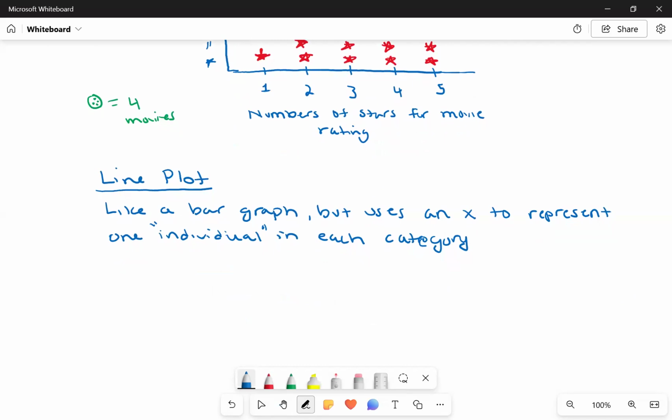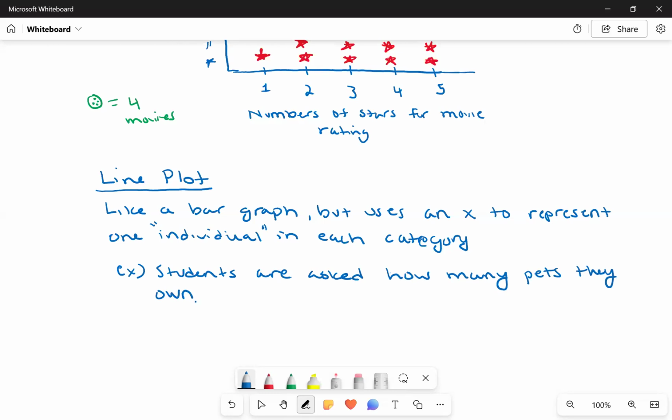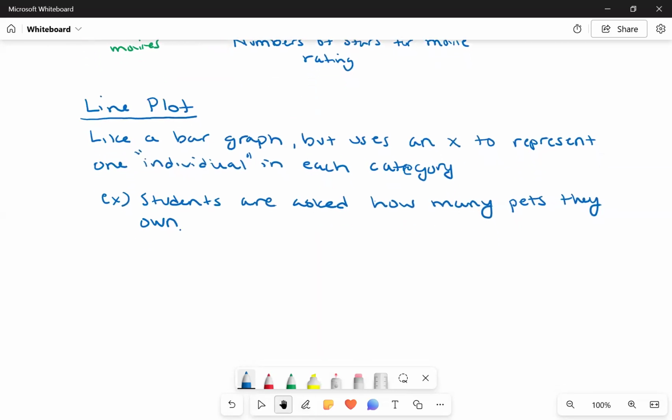Okay, so here, let me go ahead, and this time I'm actually going to give you the graph. Students are asked how many pets they own. All right.